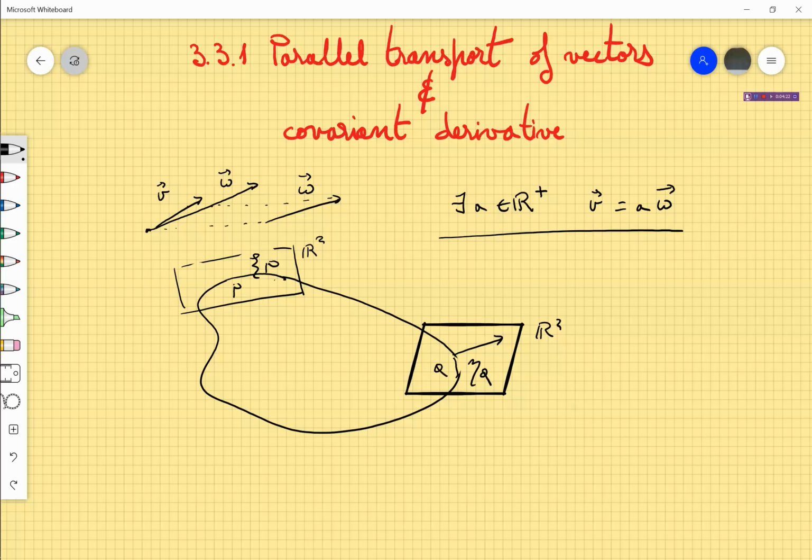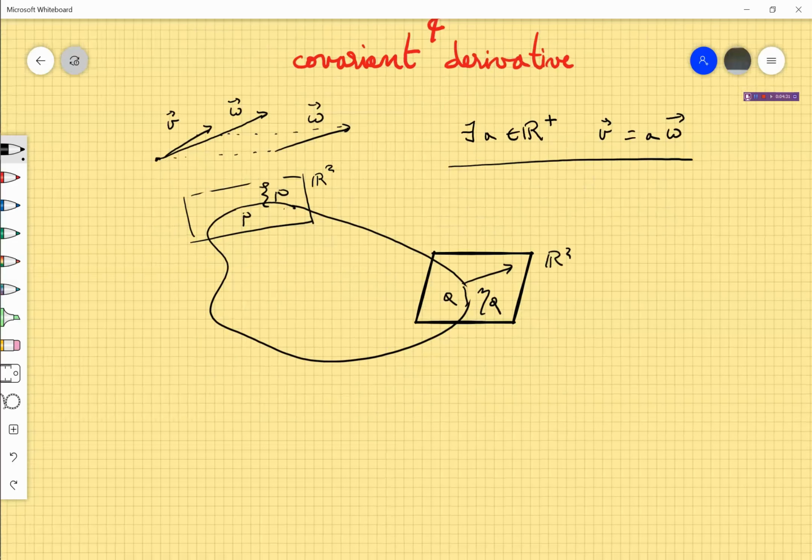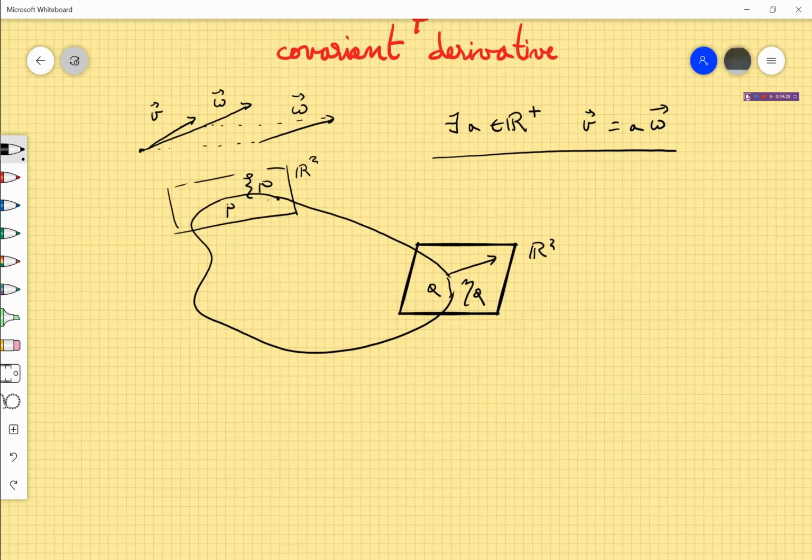I can only compare vectors which belong to the same vector space. So how can I compare these two vectors and say if they are parallel or not? Well, I have to invent something, some sort of parallel transport that generalizes this idea that I can move a vector from one point to another, keeping it parallel to itself.